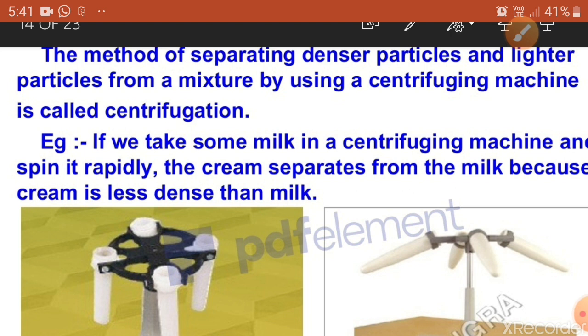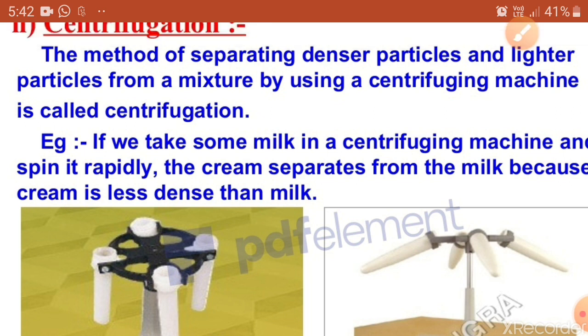So when that solution, that liquid, is kept in the centrifuging machine and spun, the denser particles lie down, and the lighter particles just float. In that case also we use the centrifugation method.